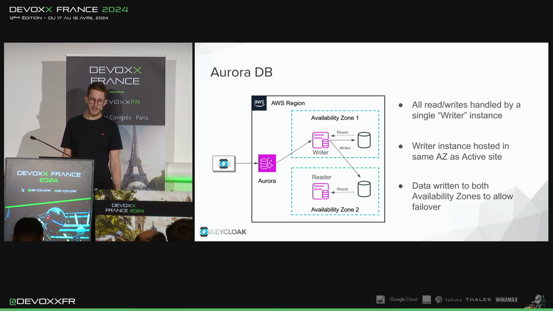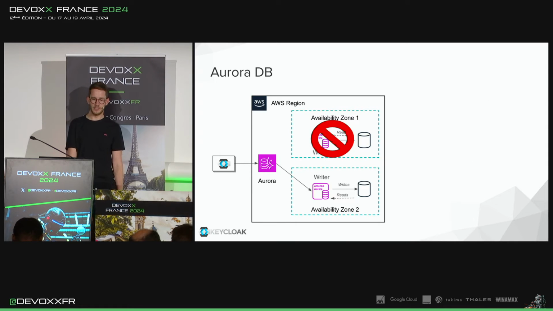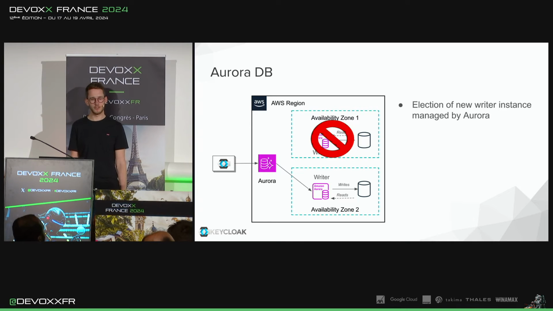So the idea here is that when availability zone 1 goes down, Aurora transparently elects a new writer instance on availability zone 2, and our Keycloak deployments can continue to function as expected from availability zone 2.